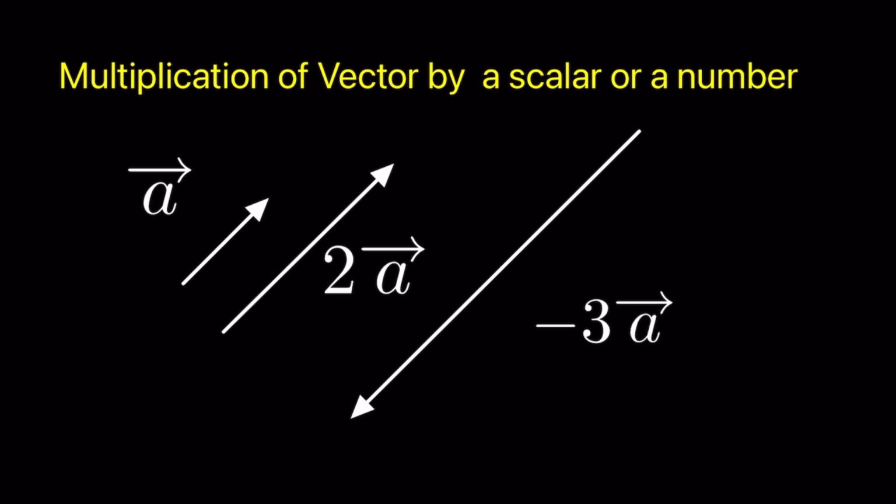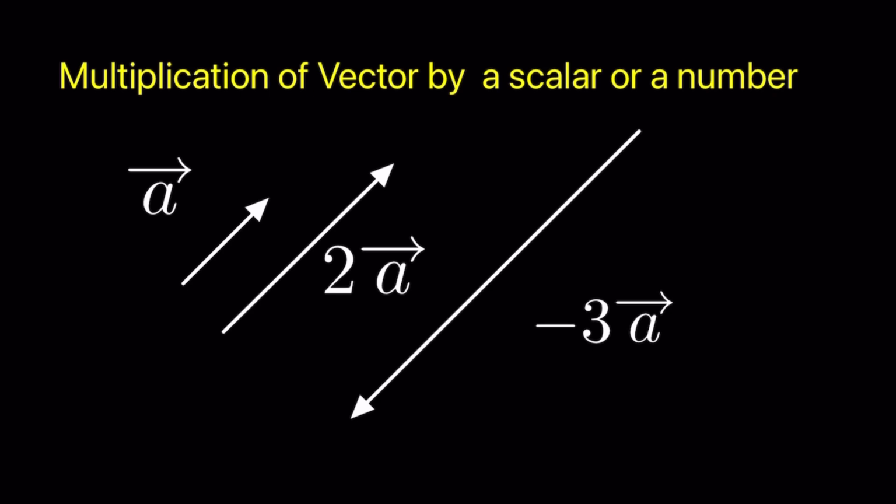If we multiply a vector by a scalar, the only change is that its magnitude will be changed by that scalar quantity. For example, here you can see A and 2A. 2A is nothing but a vector which is parallel to A, but its magnitude has been doubled. Now you see minus 3A.